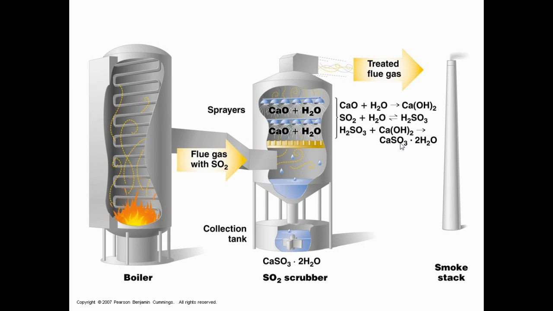So the net result is, instead of having sulfur dioxide gas go into the atmosphere to make sulfurous acid, it's going to be sequestered as a solid, and then the smokestack will be only putting out water vapor or much less pollution than it was before. That's what a chemical scrubber is, or a scrubber, if you've heard about that, for a smokestack.